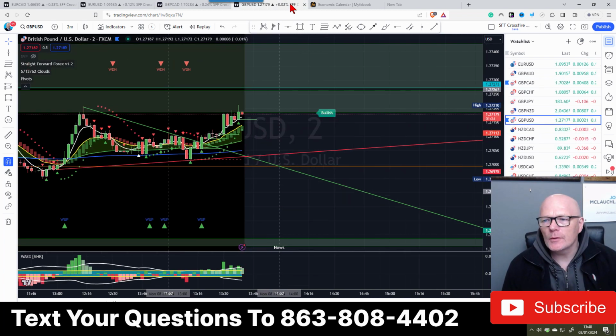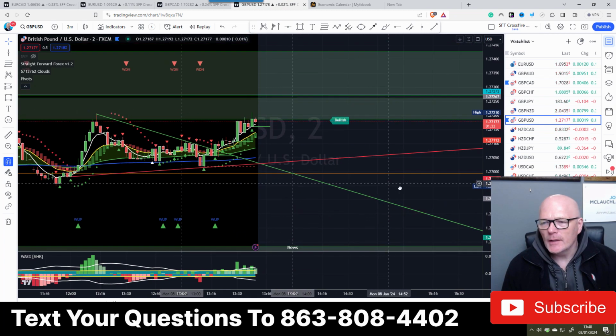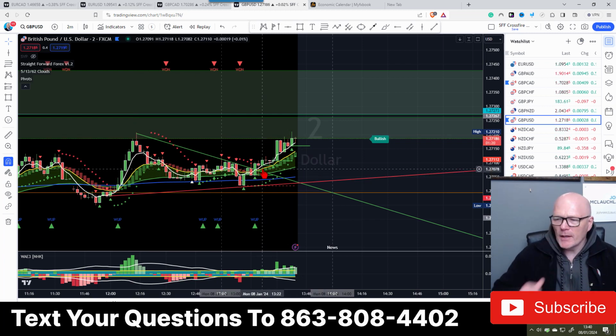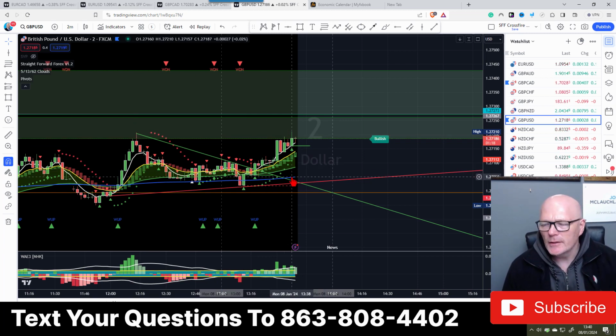Right, GU, what's GU doing? Same sort of thing. This area here is a resistance area based on the previous price action. We're nicely above the trend lines in relation to our strategy, and we've got this wave. You see all these wave candles? These are all green.